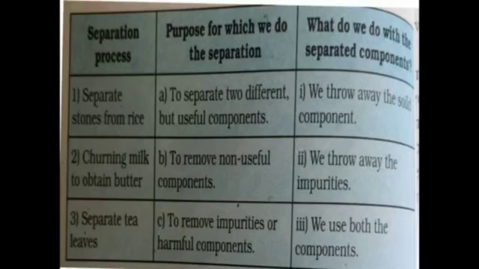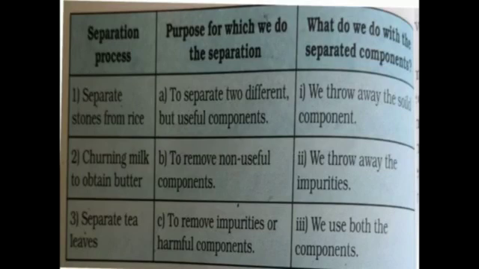Then second is churning of milk to obtain butter. When we churn milk or curd to obtain butter, then after separating, we get two different but useful components. One is butter and the other is buttermilk. So both are useful components. Then separate tea leaves.